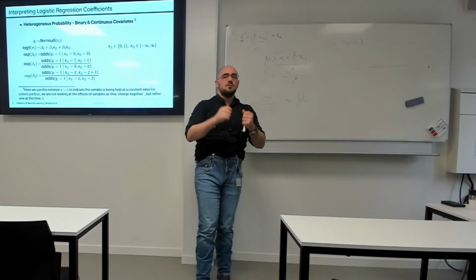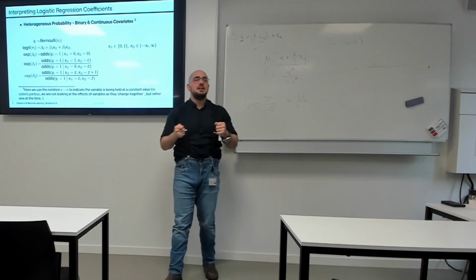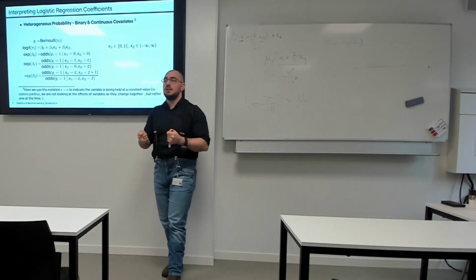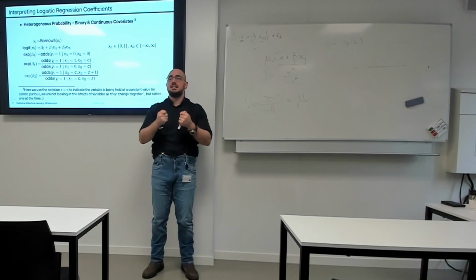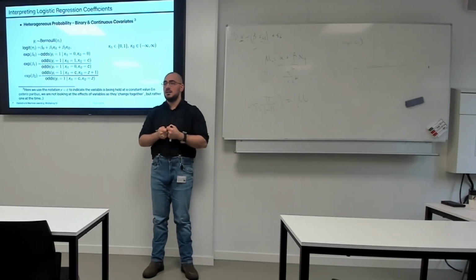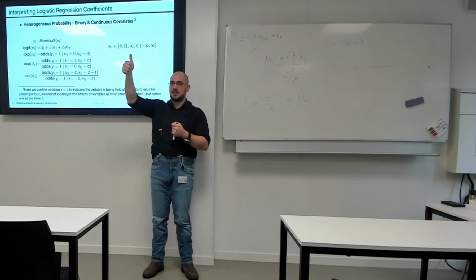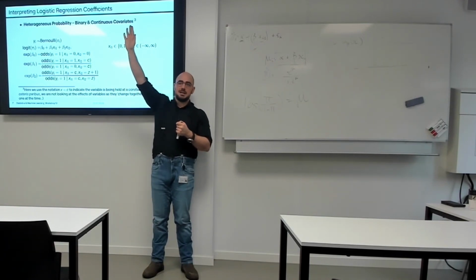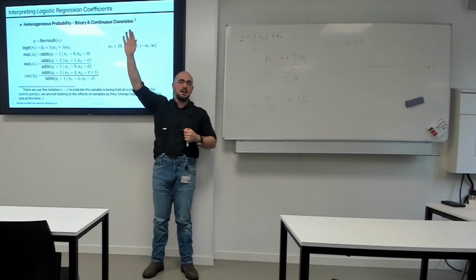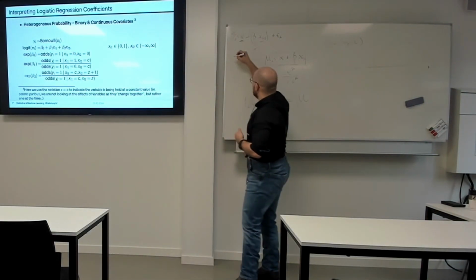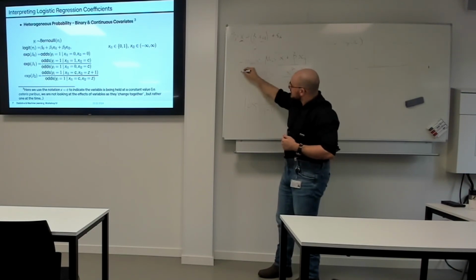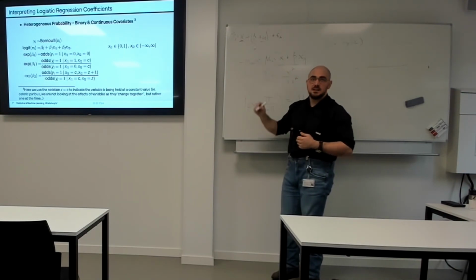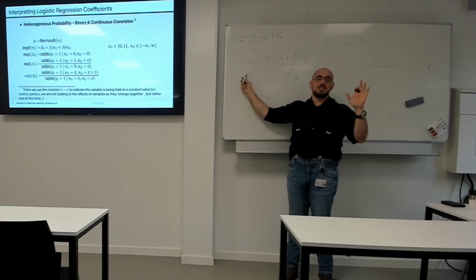Why 0? If you remember, when I standardize my covariates and I take the average of my standardized covariate, what value do I have? First of all, do you know what I mean by standardize? Who doesn't know what I mean by standardizing a covariate? Okay, so you know that the formula to standardize a covariate is x minus the mean of x divided by the standard deviation of x.